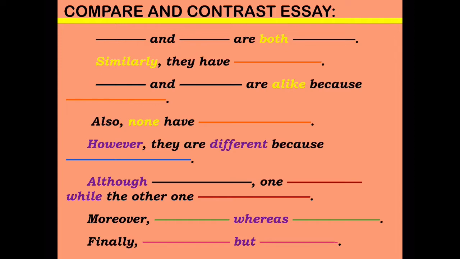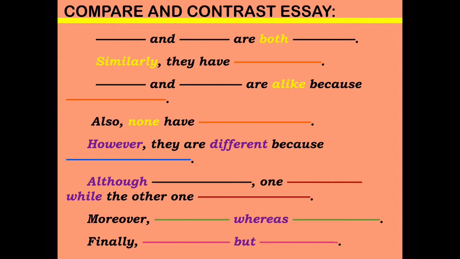The words that are in purple are the ones that we have used to contrast. They are however, different, although, while, whereas, and but. And you can also see that the lines are in different colors. We have orange lines, we have blue lines, red lines, green lines, and pink lines.